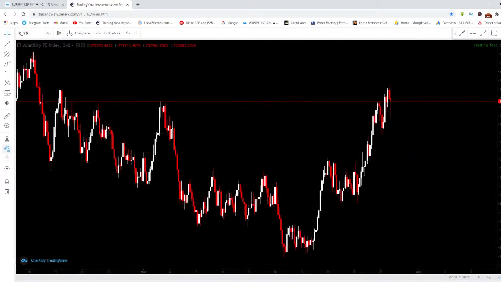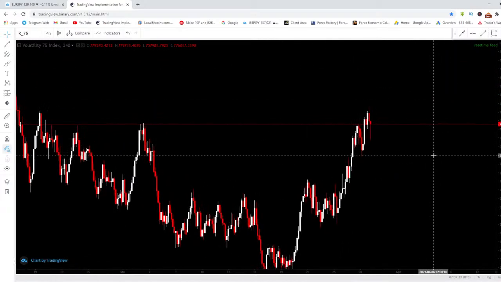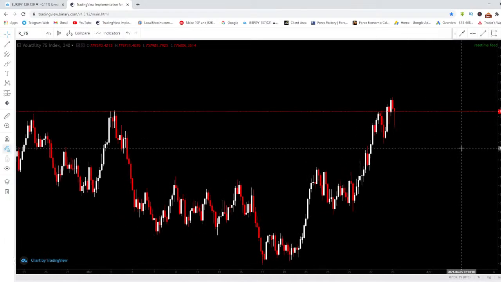V75, I'm in a buy as well. We are in a buy already on V75. So let me check our trade as well on volatility 75. Yeah, I'm in a buy and we are in profit right now.